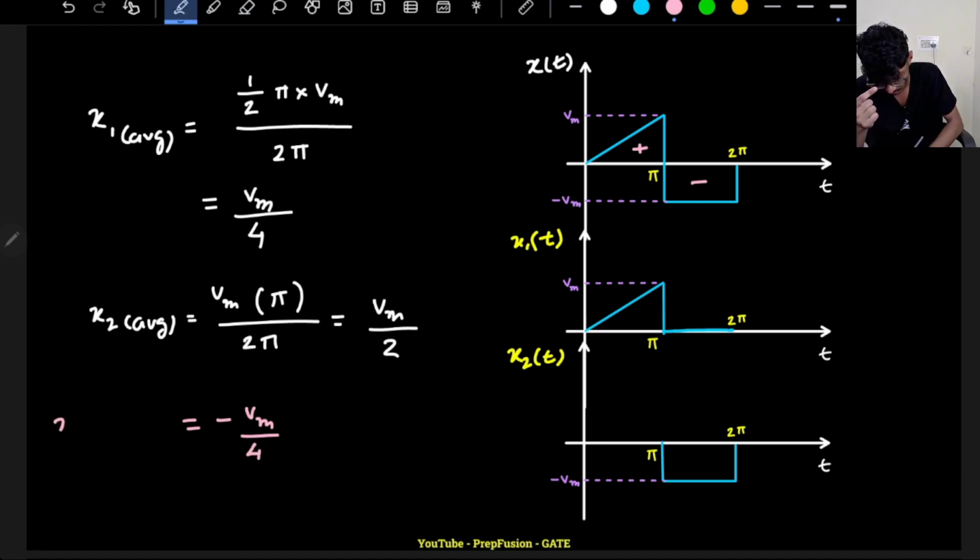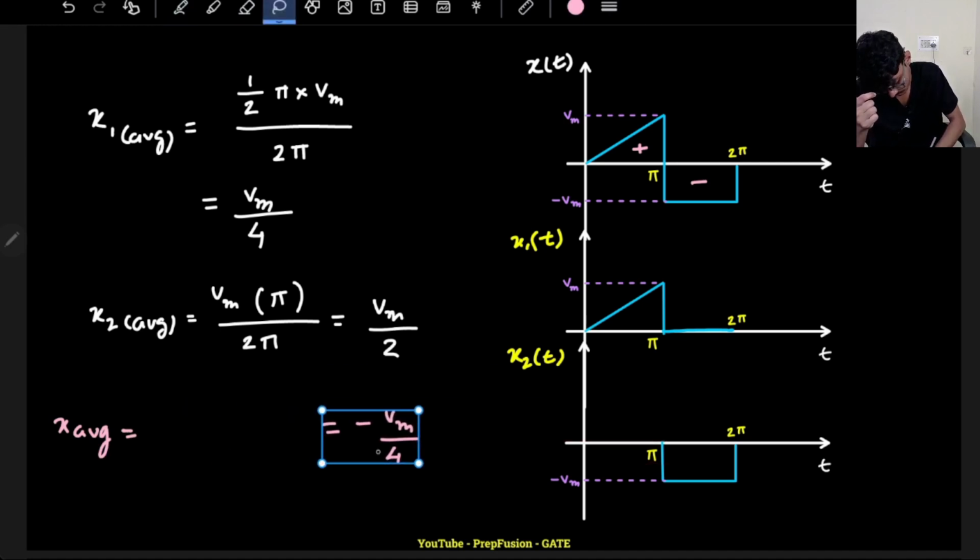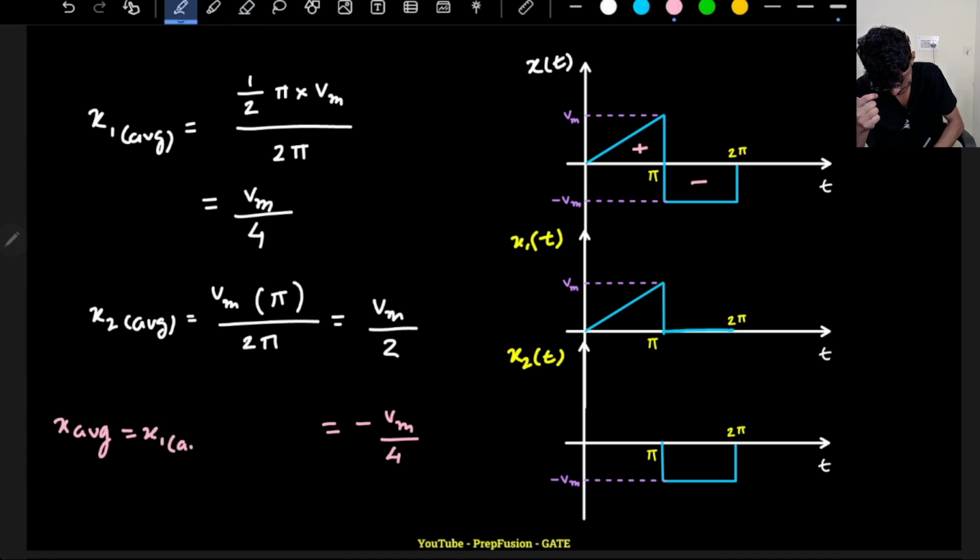Basically if I add, what is the overall x average? Overall x average equals x1 average plus x2 average.